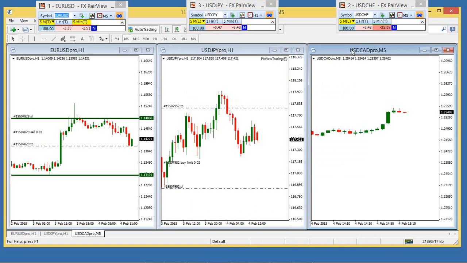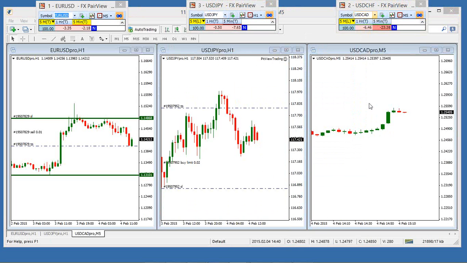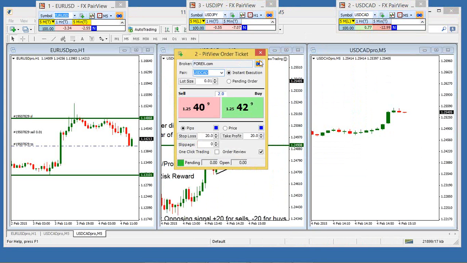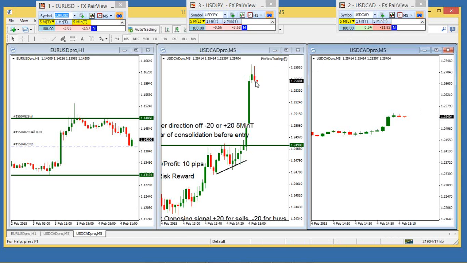And then, of course, dollar Canadian. I don't know if it's gone -20 yet, but dollar Canadian is showing a nice little, see those tweezers there at the top?